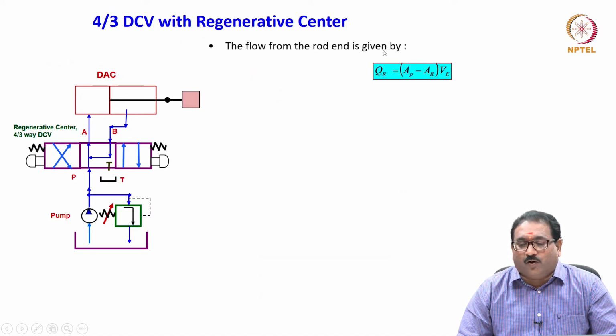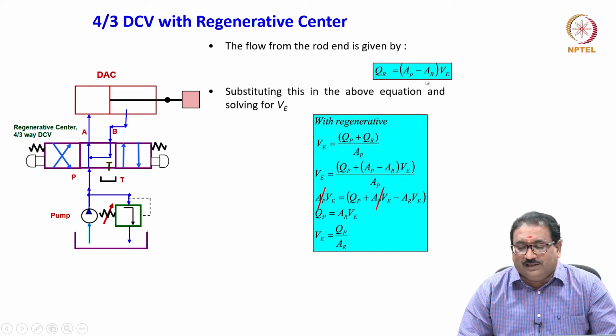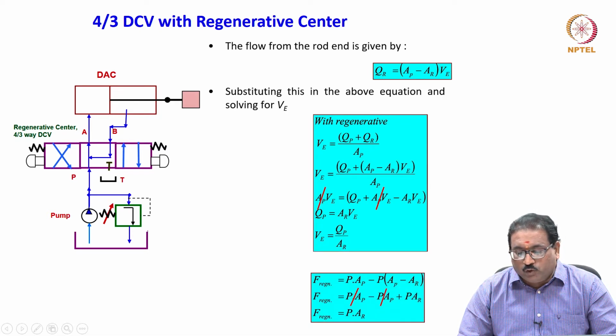The flow from the rod side, as I have already told you, QR equal to AP minus AR into the velocity at the extension. Substituting all the values and after simplification, I get the velocity of extension at the middle position is QP by AR.